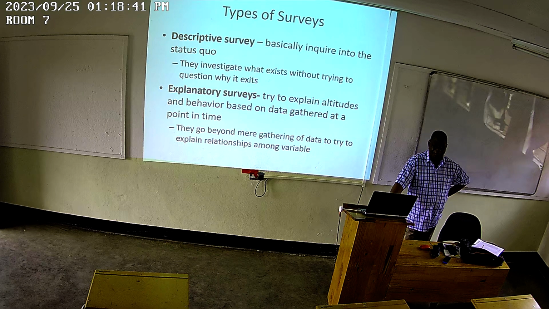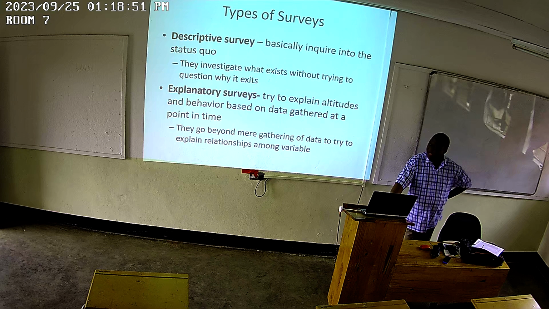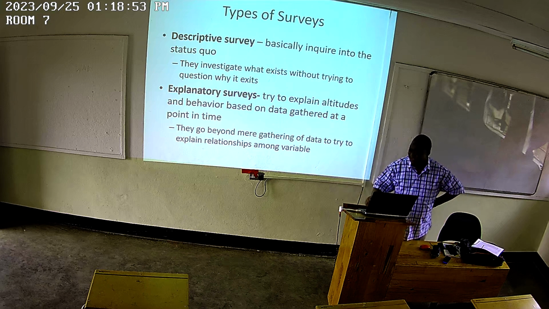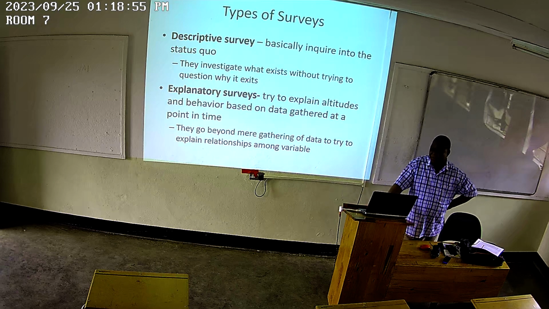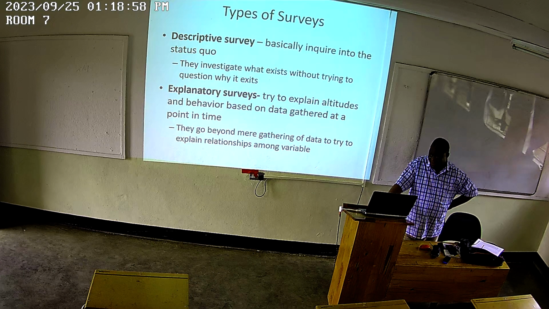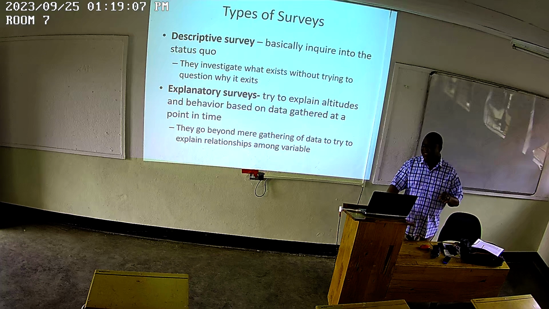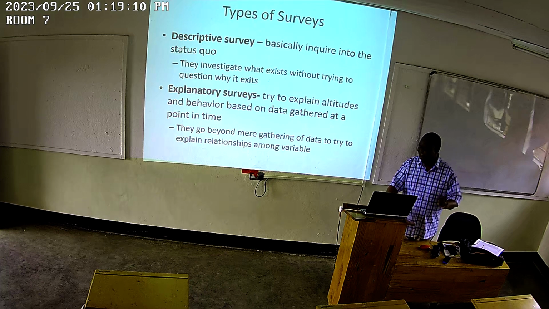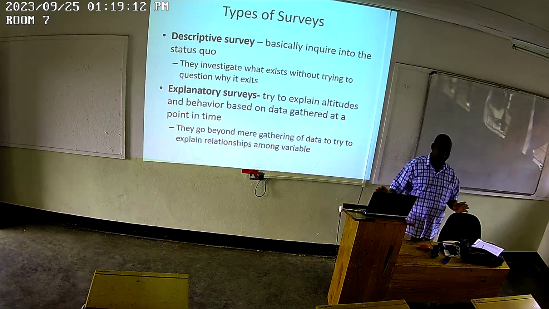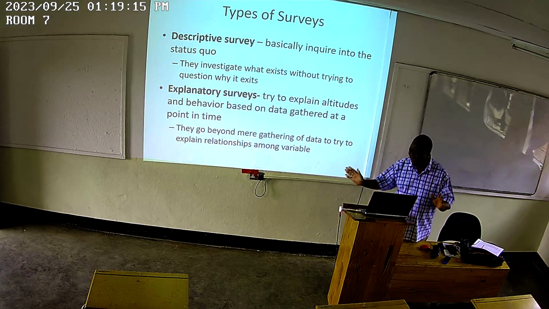So going back to my example, trying to learn the income status of people in area 15, an explanatory survey will actually try to also explain why the income status is the way it is. What are the explanations for low income? What are the explanations for high income?